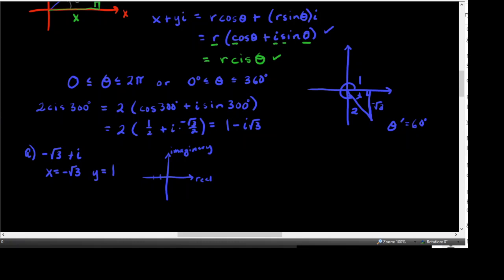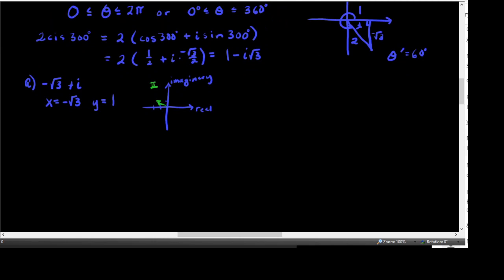Negative square root of 3, and i is somewhere in about that vicinity. And so I'm in the second quadrant, so that's kind of important to know that the angle I get may not be a second quadrant angle. I may have to alter what I have to make it correct. So okay, keep that in mind.